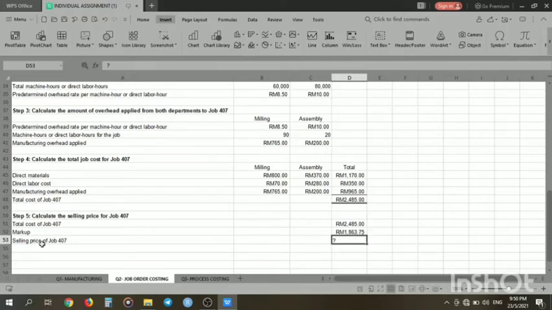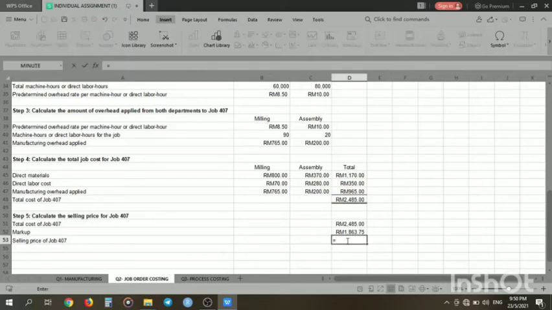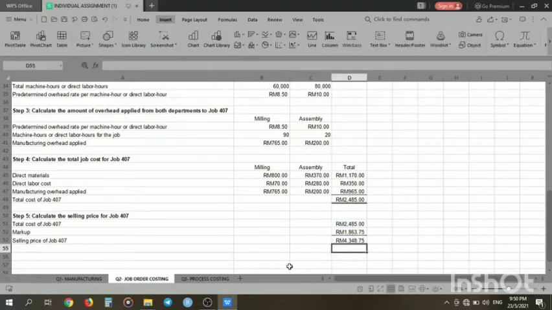For selling price of job 407, we only plus the amount of total cost of job and markup. And we get the amount 4,348 ringgit and 75 cent.